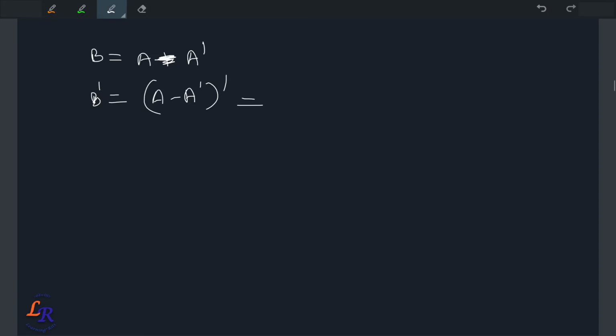Now you can take the transpose of each term, so it can be A dash plus minus A dash dash. Now you see this is multiplied by 1, so it will be equal to the individual terms, so you can have A dash plus minus 1, that is the constant, into A dash dash.